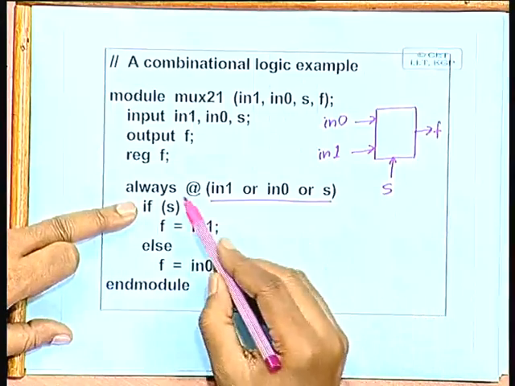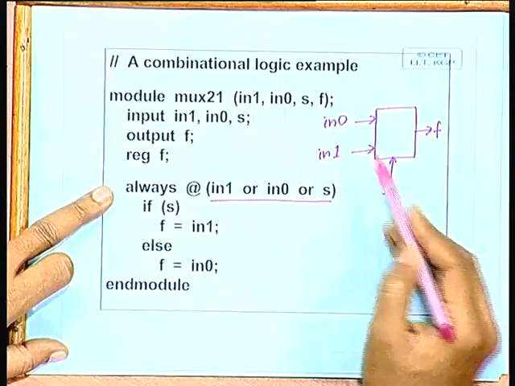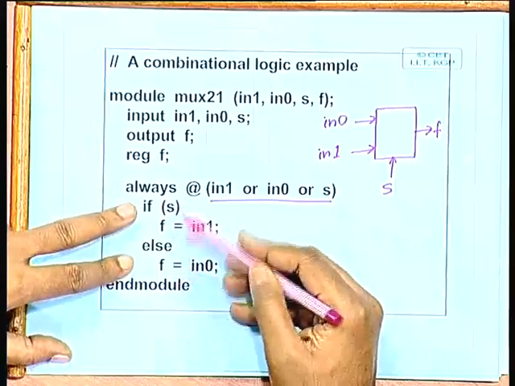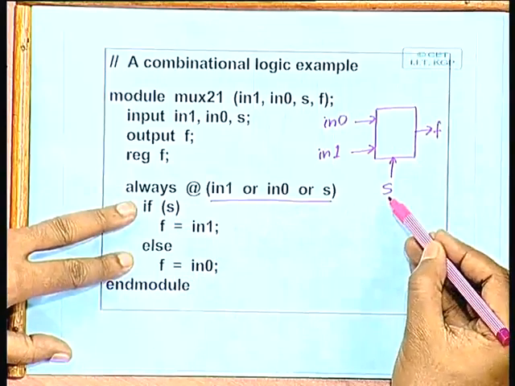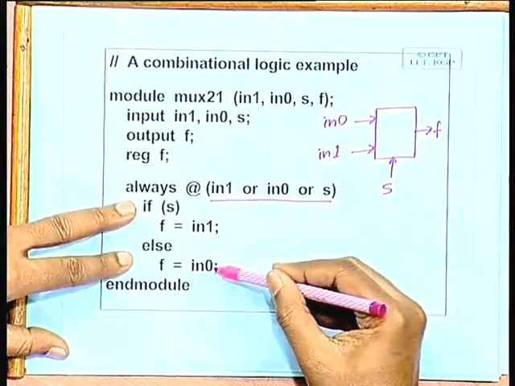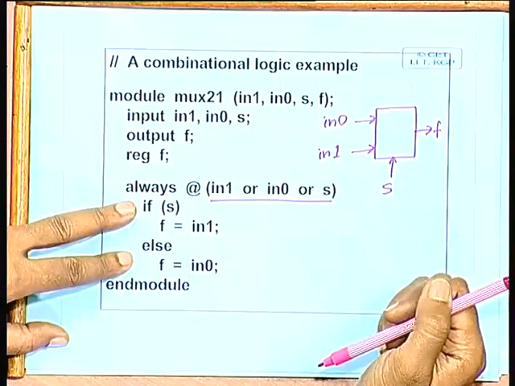Now let us see, this always block will trigger if any of the inputs change, in1 or in0 or s. The computation says that if s is 0, then we assign in0 to f. If s is 1, you assign in1 to f.